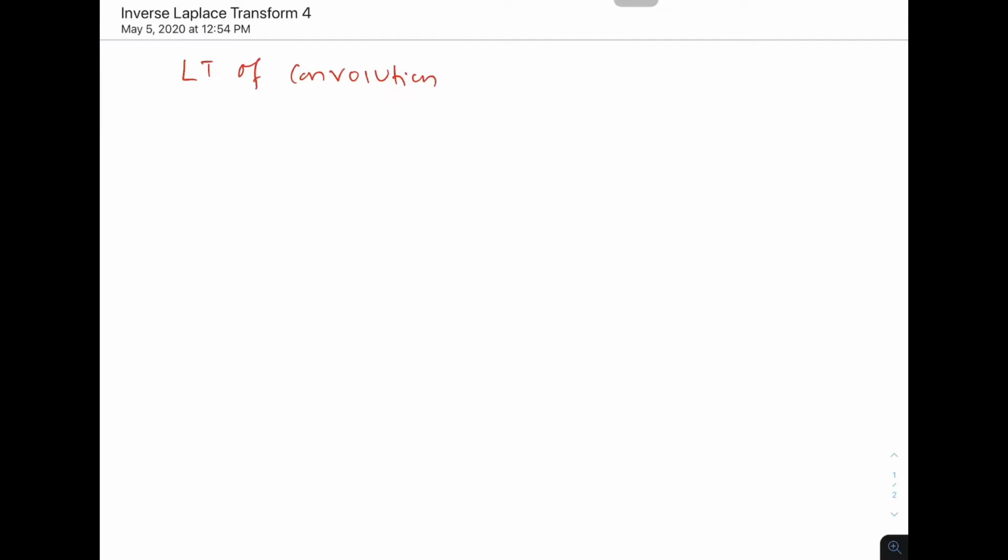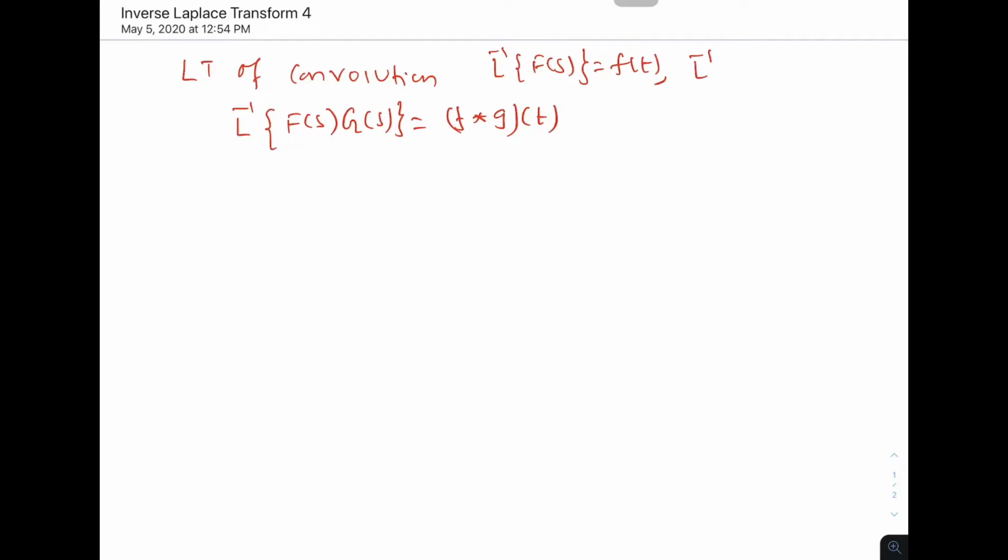That theorem was: the inverse Laplace transform of F(s) times G(s) is equal to the convolution (f star g)(t), where the inverse Laplace transform of F(s) is f(t) and of G(s) is g(t).